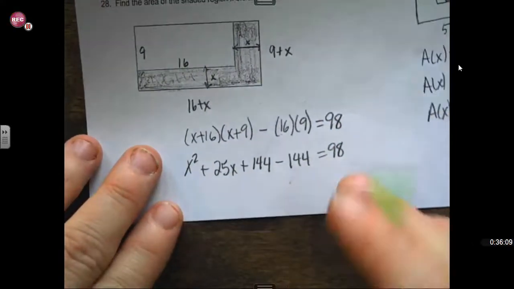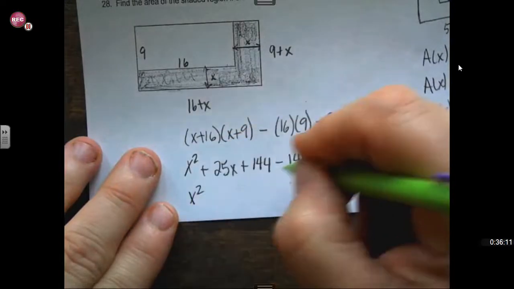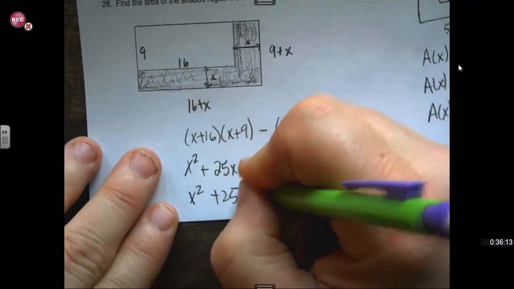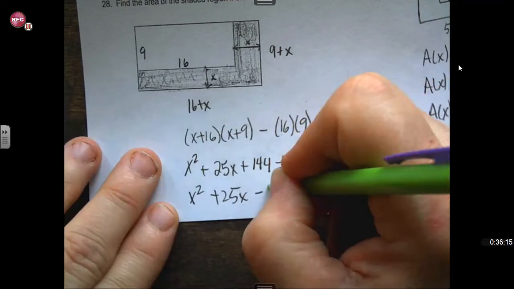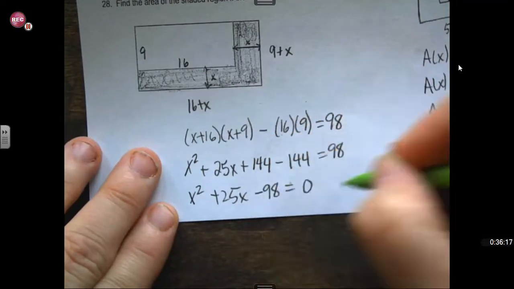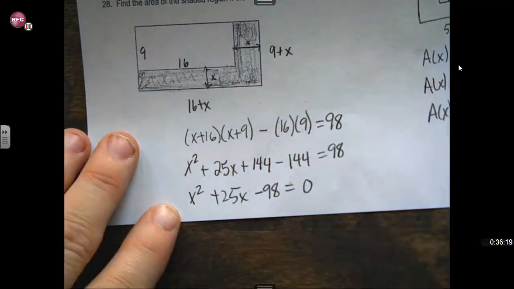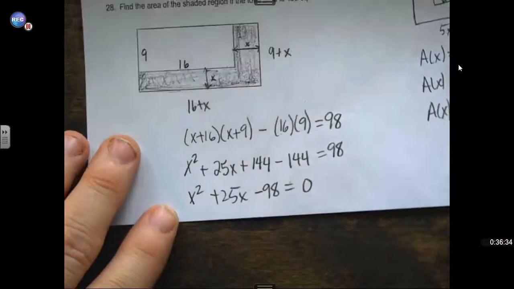And I get x squared plus 25x minus 98 equals 0. And that's not going to factor. So I need to use the quadratic formula to solve this.